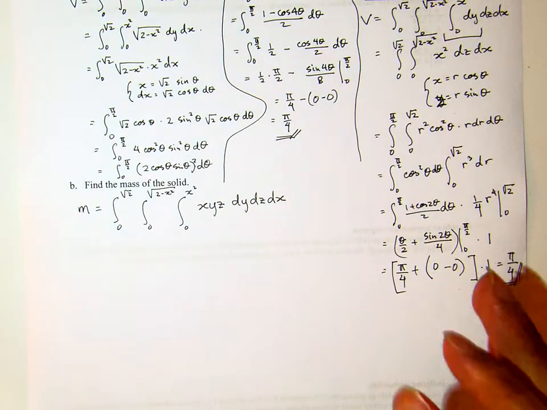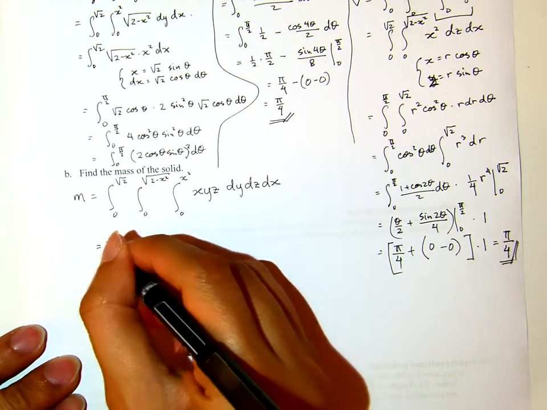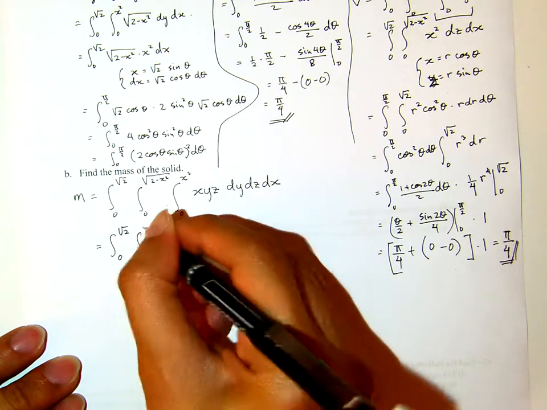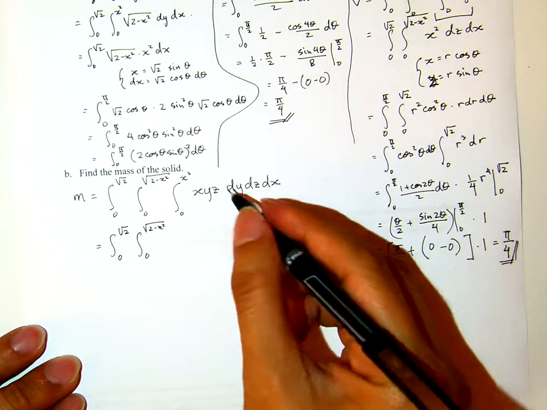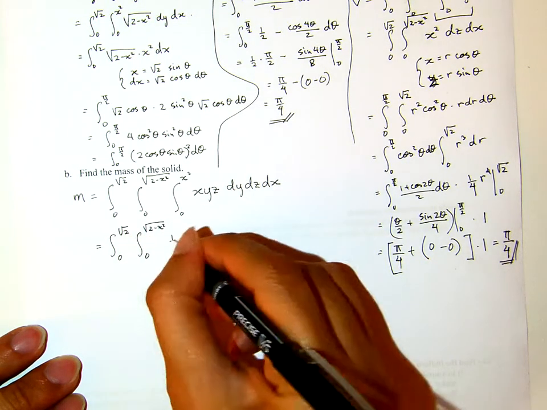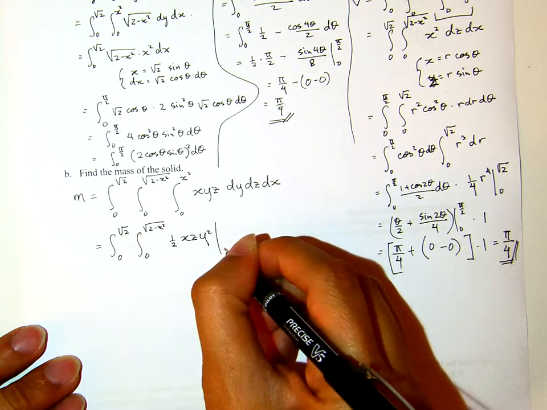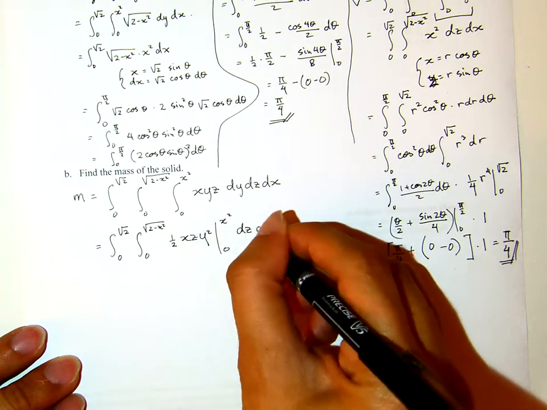Hopefully this is easier. Let's see, then this equals the integral from 0 to radical 2, integral from 0 to square root of 2 minus x squared, of 1/2 xz y squared from 0 to x squared dz dx.